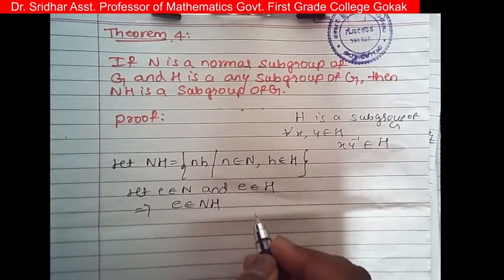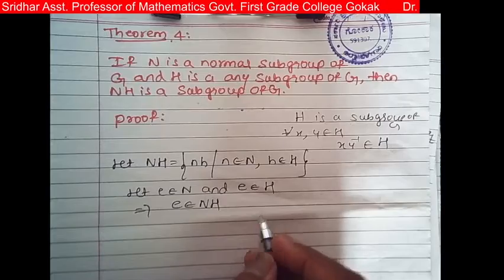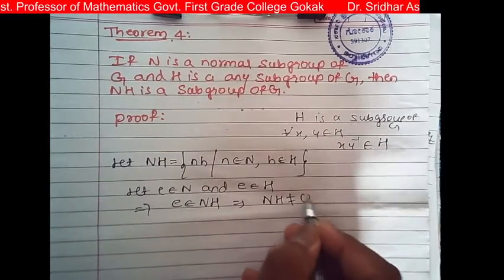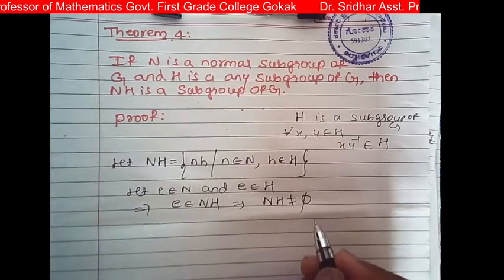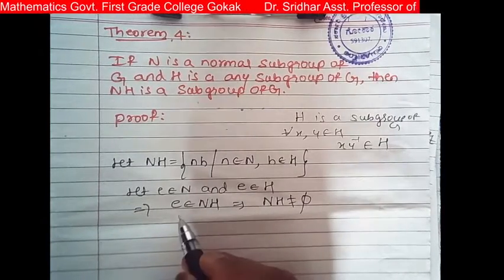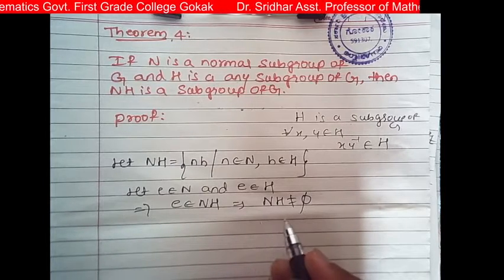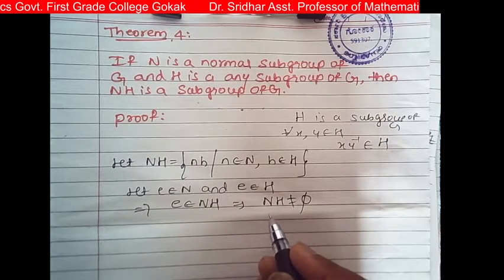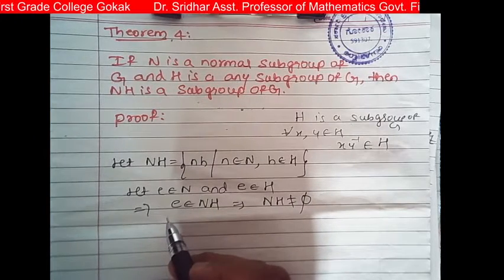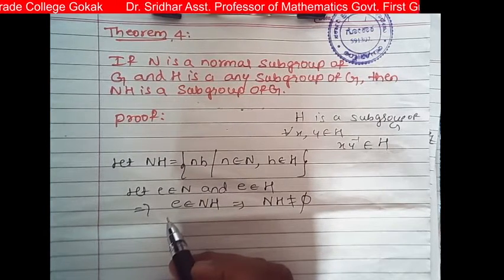Which implies the set NH is not an empty set; at least it contains the identity element e.